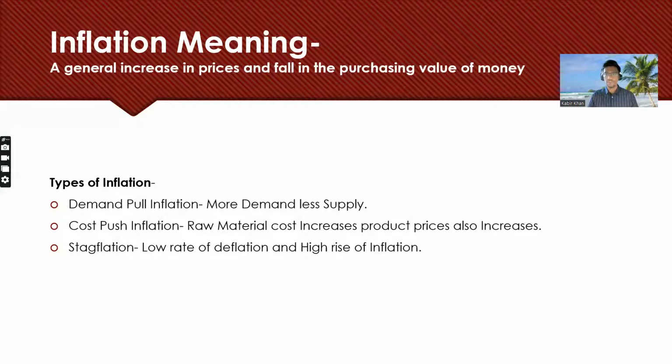My habit is to drink coffee on the way to the office, and my favorite coffee shop increases the price of the coffee, yet I still prefer to buy from that shop. That is demand pull inflation: in short, the demand is more and the supply is less.